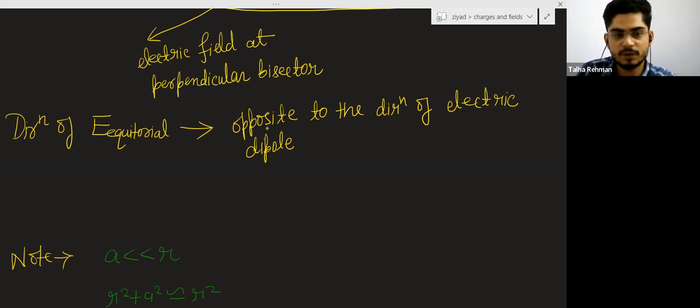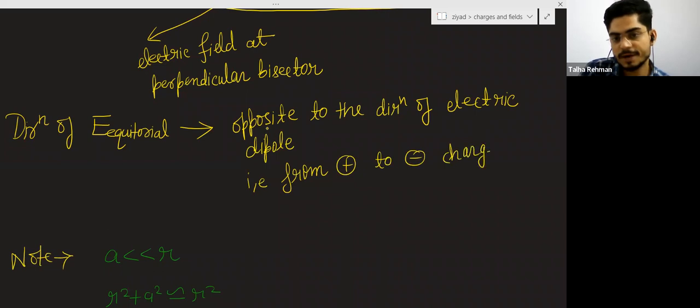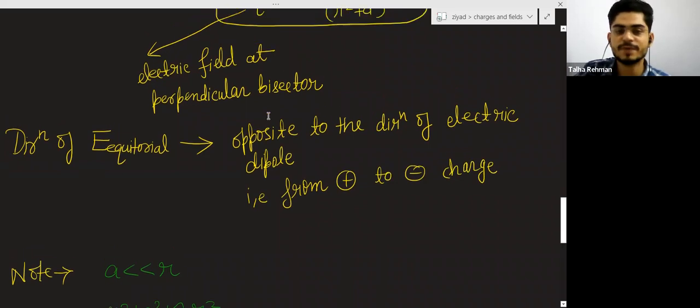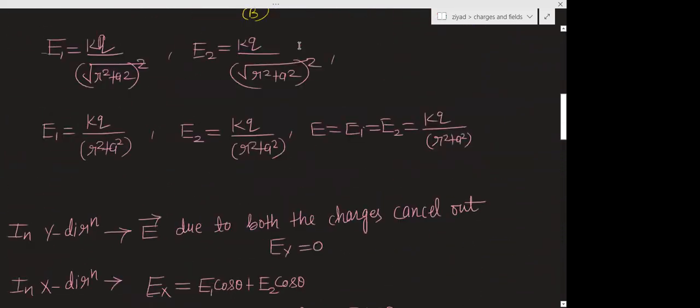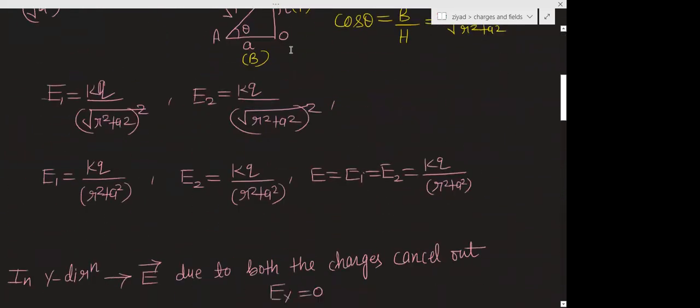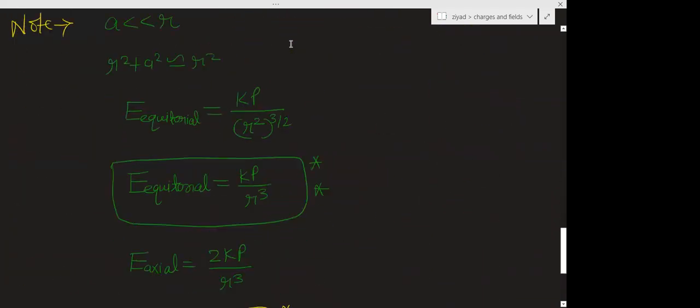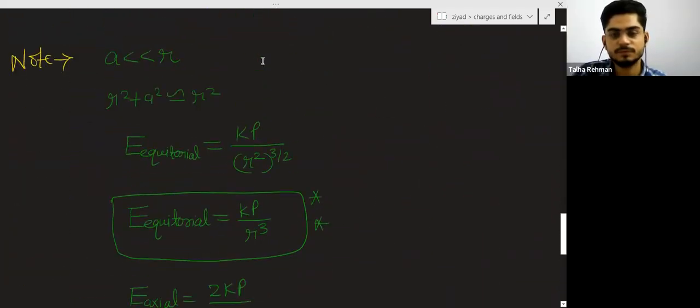So the direction of electric field is from positive to negative charge. Earlier, the direction of electric field is from negative to positive charge in case of axial point. So just note it down.